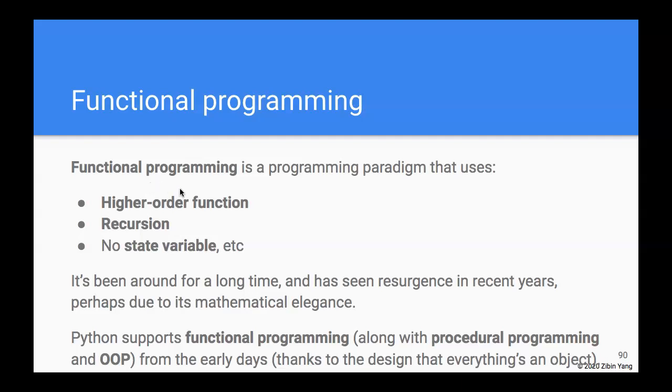Functional programming is one of the programming paradigms, a way of thinking about programming, just like procedural programming or object-oriented programming. Some of the ideas that it uses are what we've been studying, higher order functions and recursion, and then the idea of not using any state variables. It uses a few other ideas, but these are the main ones.